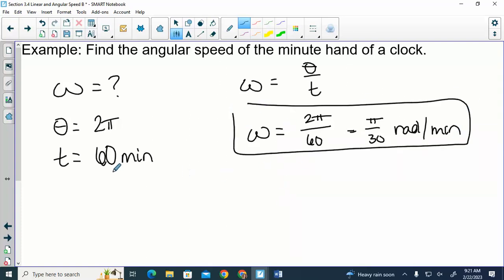If you use the 1 hour, what would you get? Yeah, 2 pi radians per hour. Could you do seconds if you really wanted to? Yeah, you just have to have those labels on your answer. That's why labels are so important.